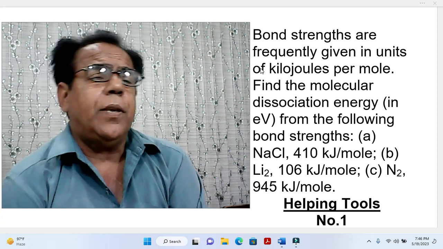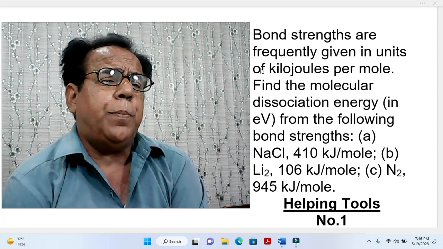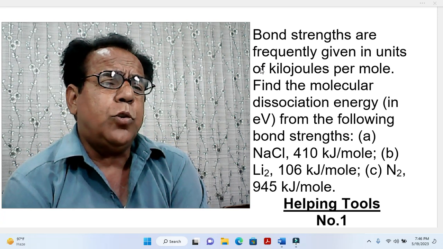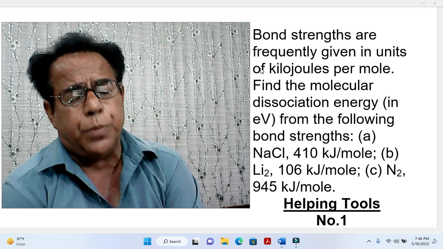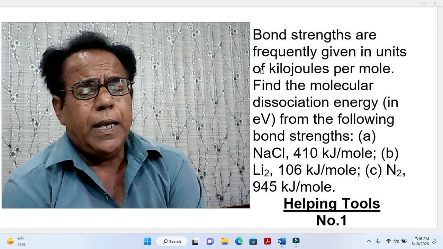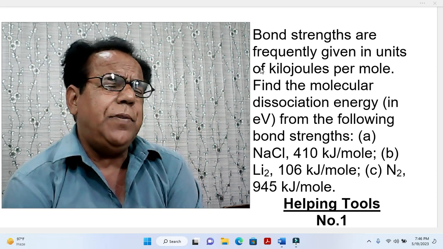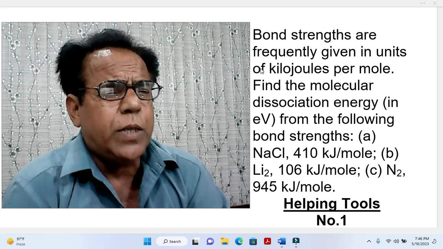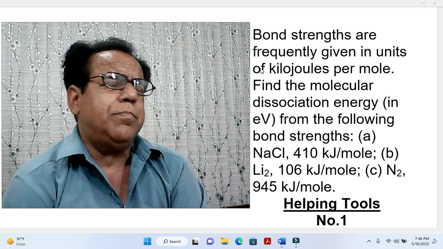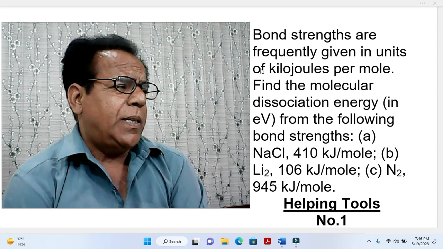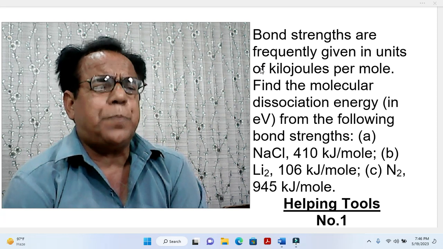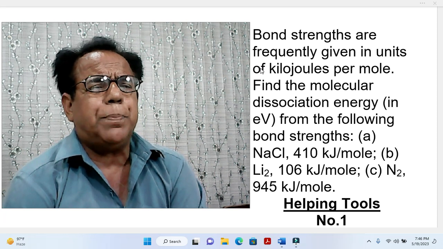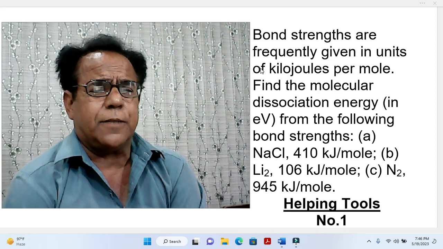So, for the purpose of solving this problem, we have to find those conversion factors which are applicable to this problem, and then we will reach our solution. No other definition or expression is involved except conversion factors.